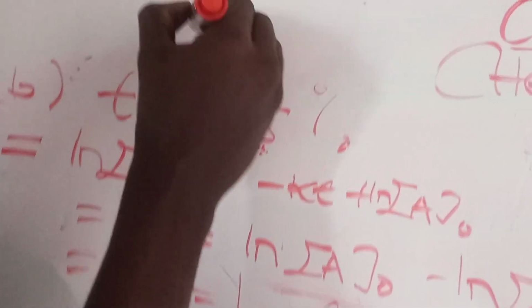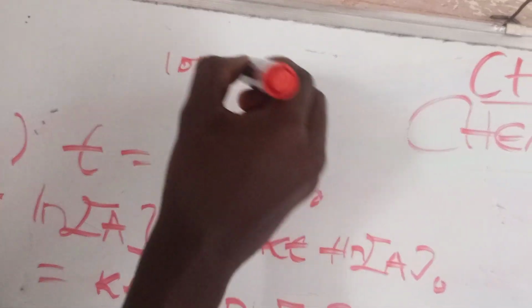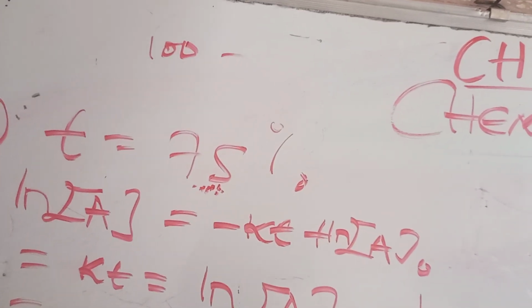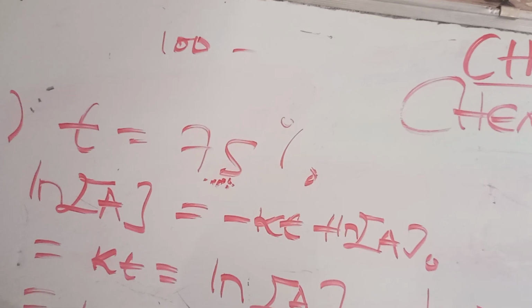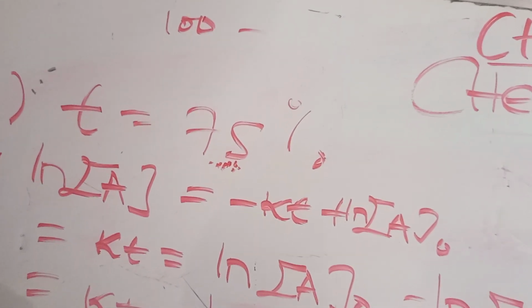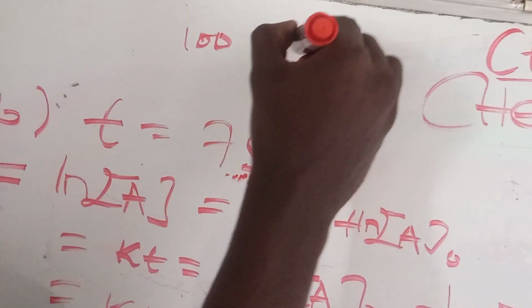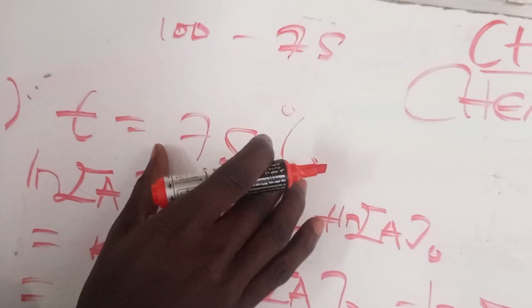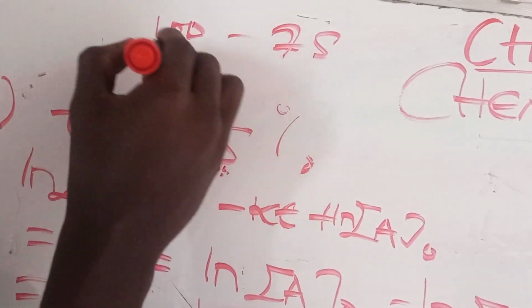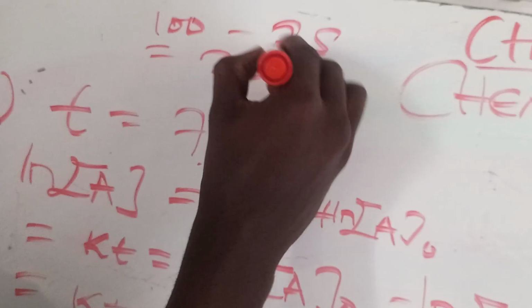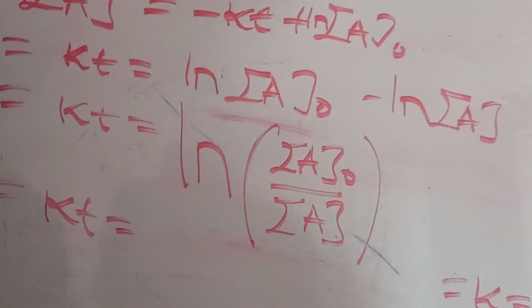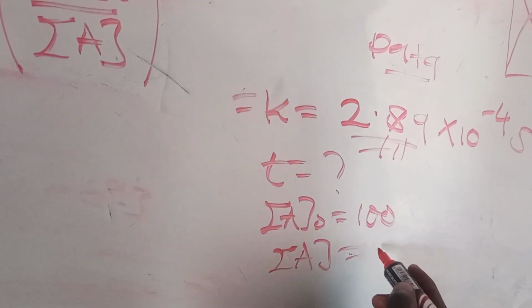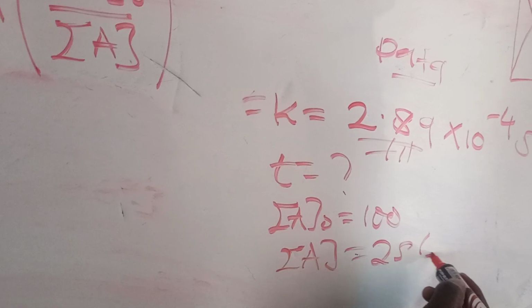How and which way? Because 100 minus 75, the remaining percentage, is equivalent to 25%. So the concentration is equal to 25%.